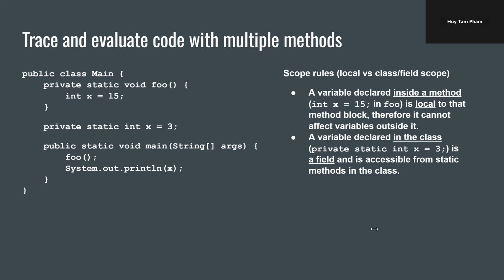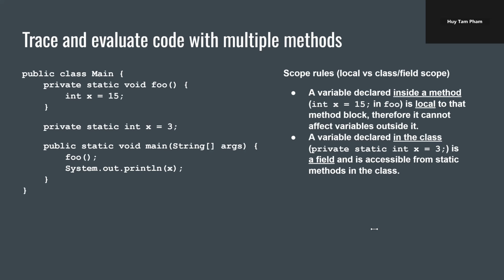So we can have a look at the main method. Then we can see it starts by calling another method called foo with no argument in it. And inside foo, it has a declaration int x = 15, and it's gonna print x. Then this is where you're gonna have a question: will it print 15 or will it print 3?